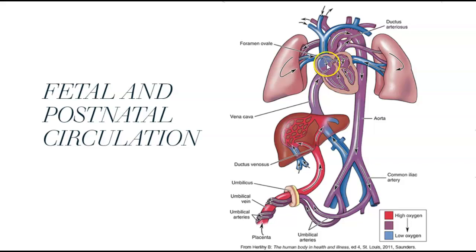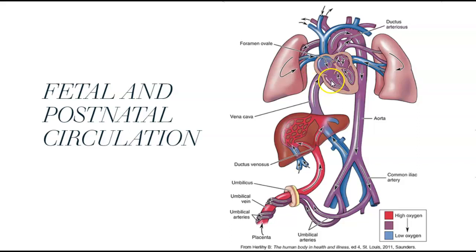Or it can bypass this right ventricle and go through the foramen ovale right here. So there's an opening between the right atrium and the left atrium. This oxygenated blood coming from the inferior vena cava can go into the right atrium, bypass the right ventricle, and then go into the left atrium.